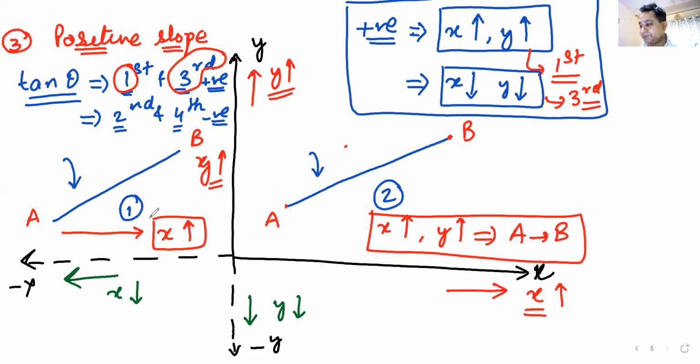Just one more thing. What happens when I'm going from B to A? Can anyone tell me? Santosh, give me the entire statement. What is happening when I'm going from B to A?